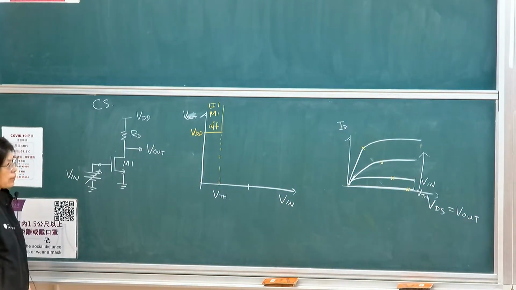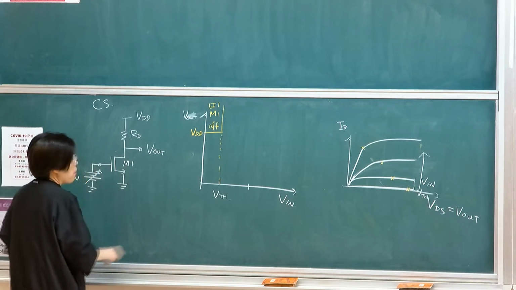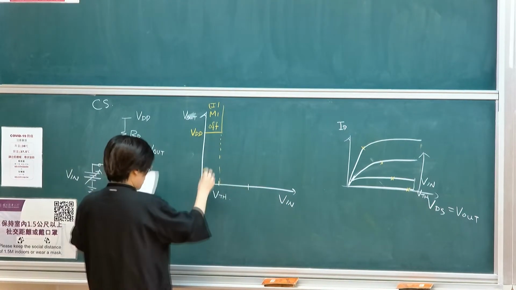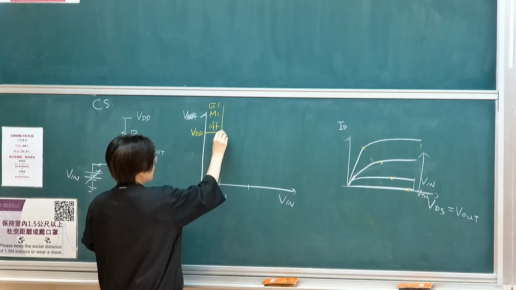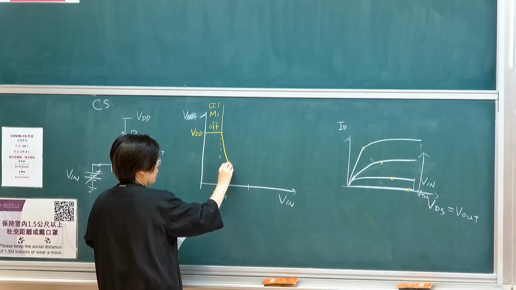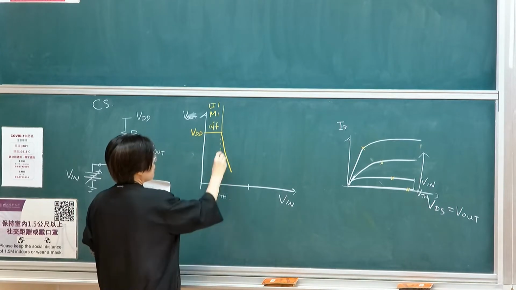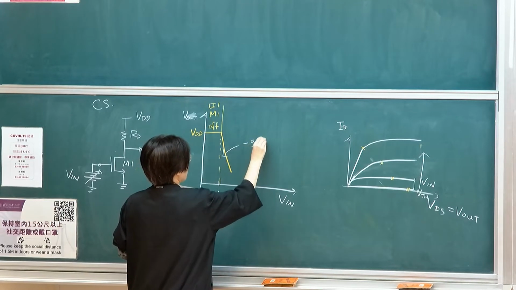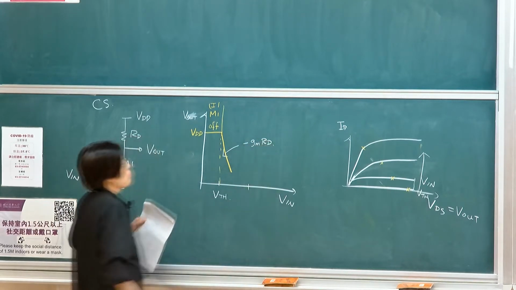If the device is still in saturation, you will see a fairly large drop. And this slope is minus gmRD. Remember the small signal model.